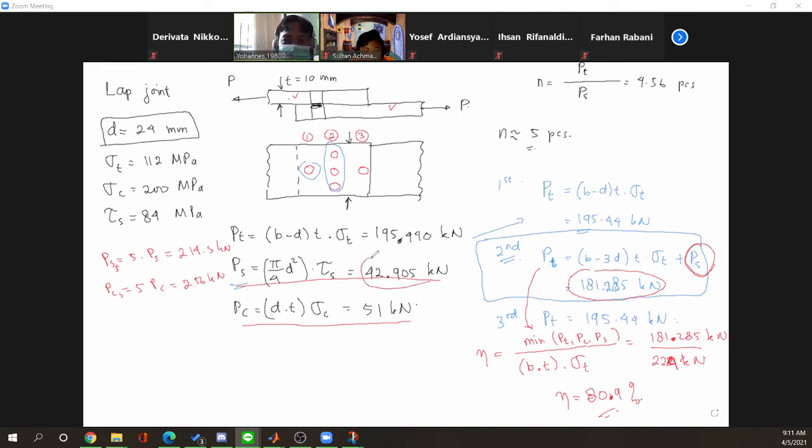So this will determine the strength of the joint, not this one. So that's why we choose the shearing strength, not the crushing strength. We always choose the minimum one between these two.